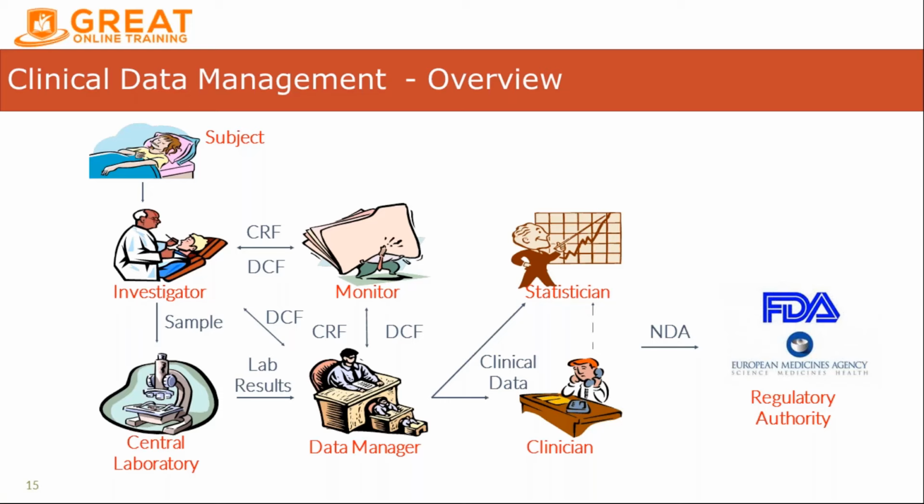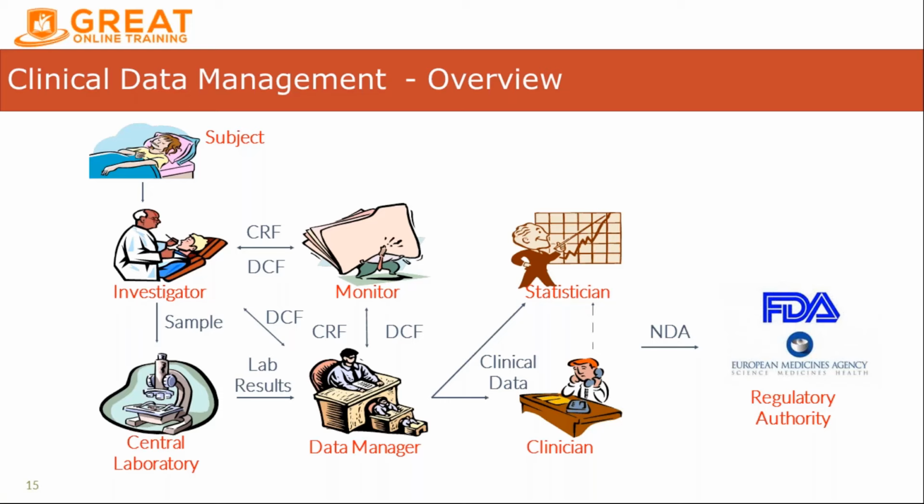So data collected is recorded in the CRFs and lab samples are sent to the laboratory for assessment. Data recorded on the CRF by investigator is verified by the site monitor against the source documents. Both data from the CRF and laboratory are then sent to the data manager, who runs validation checks on the data and performs data cleaning.